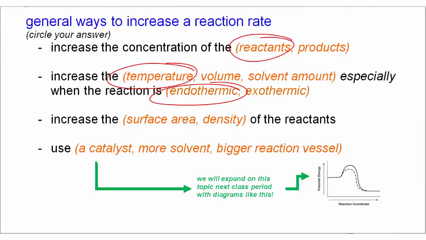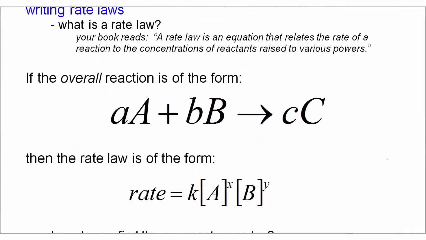We could allow these reactants to collide and strike each other much more easily by increasing their surface area. And we could use a catalyst. More on that later, but it pretty much just reduces the energy hump that the reactants have to overcome in going from reactants to products. But we'll talk about that more later.